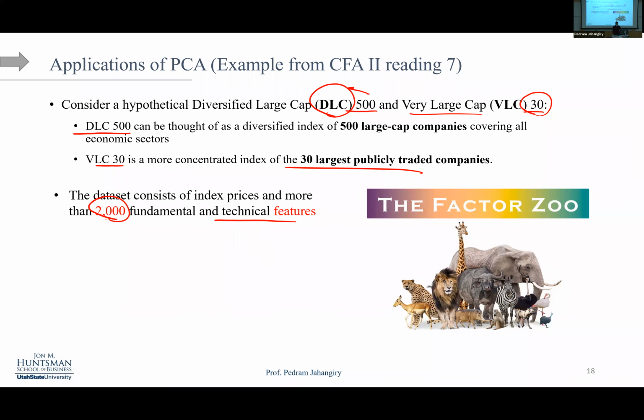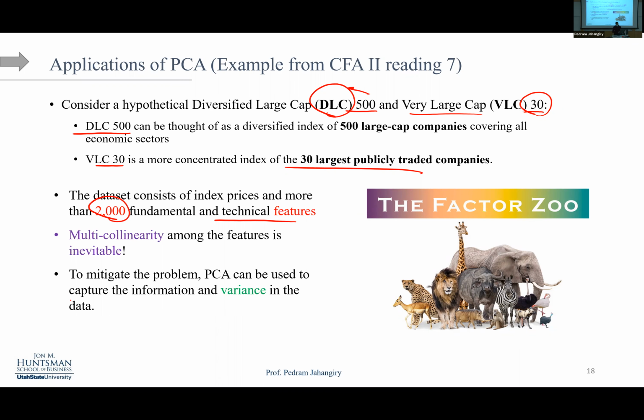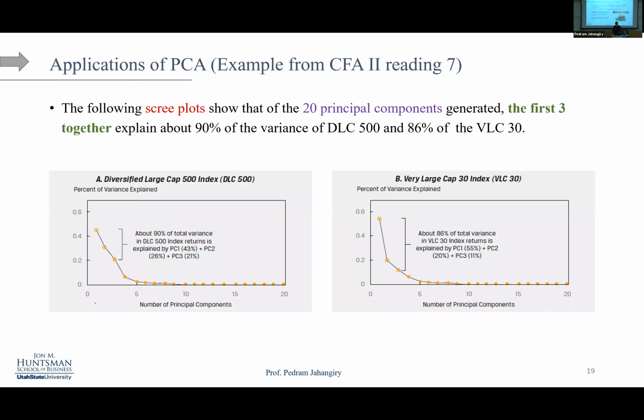So this is a very good example where we should do principal component analysis to reduce the dimension of the data. And of course, multicollinearity is inevitable. To mitigate the problem, PCA can be used to capture the information and variance in the data. Look at the beauty. The following scree plot shows the 20 principal components generated out of those 2,000.